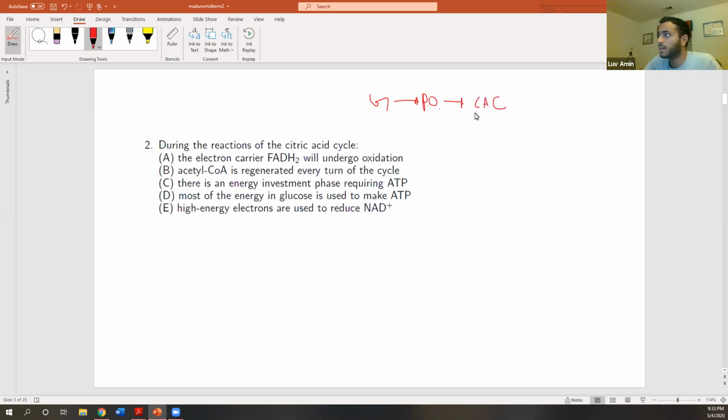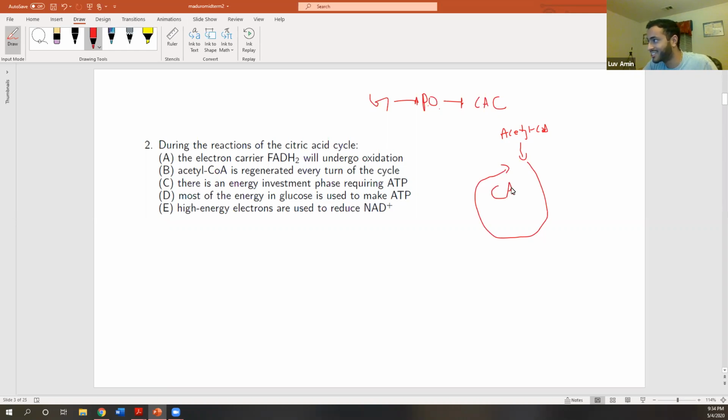What enters the citric acid cycle? You break down glucose into pyruvate, and then you take pyruvate to acetyl-CoA. That's what enters the citric acid cycle.